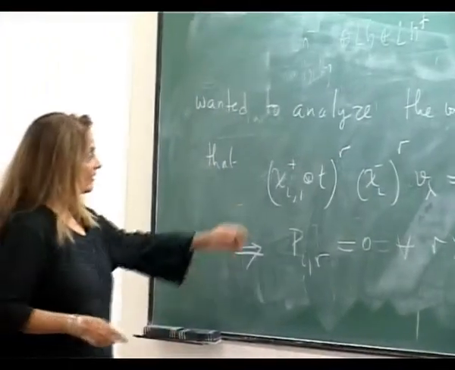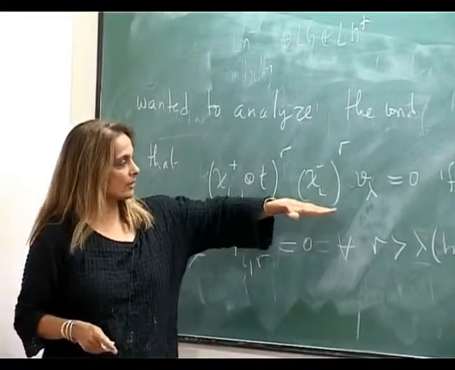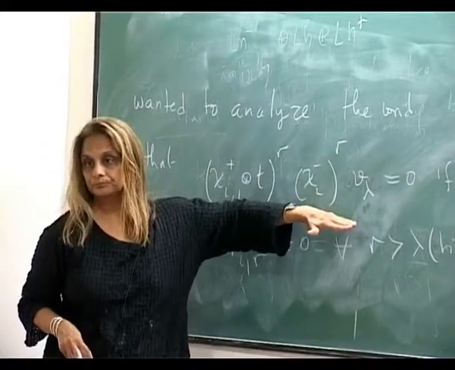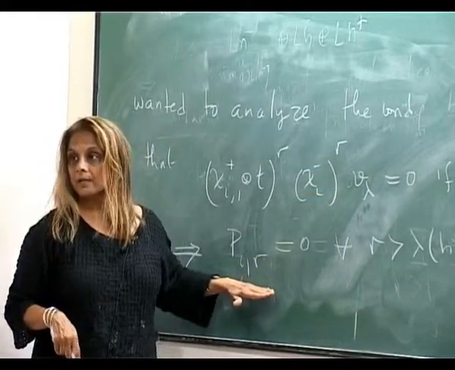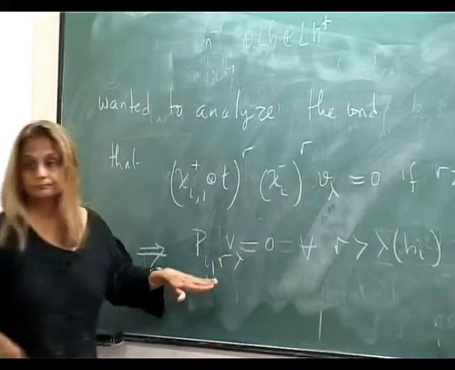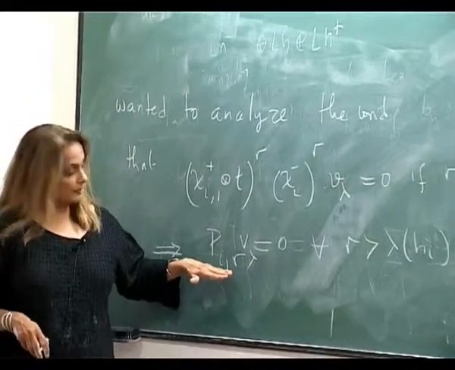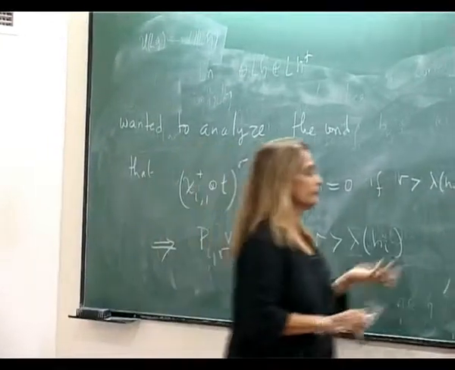So I was trying to understand what it meant to say that this was 0. And now I've understood it by saying that certain elements in my enveloping algebra kill my element v_lambda.